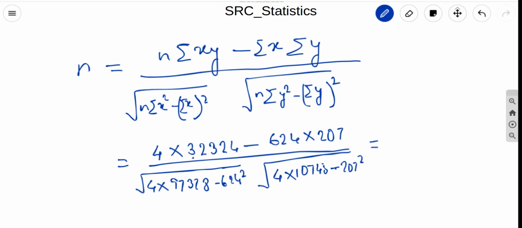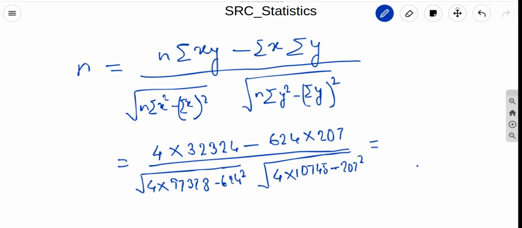So 4 multiplied by summation xy, that is 32324, minus summation x into summation y, that is 624 multiplied by 207, divided by square root of n summation x square, that is 4 into 97378, minus summation x whole thing square, that is 624 square, multiplied by square root of n into summation y square, that is 4 into 10745, minus 207 whole thing square, that is summation y whole thing square.